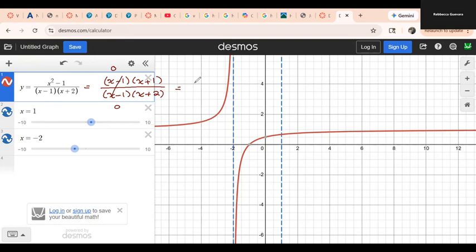But if we look at the simplified form, we just have x plus 1 over x plus 2. So we still have this asymptote at minus 2. The one at negative 1 disappears. That becomes a hole. So the x minus 1 over the x minus 1 gives us a hole. And the x plus 1 that's remaining and the x plus 2 is going to give us the asymptote.